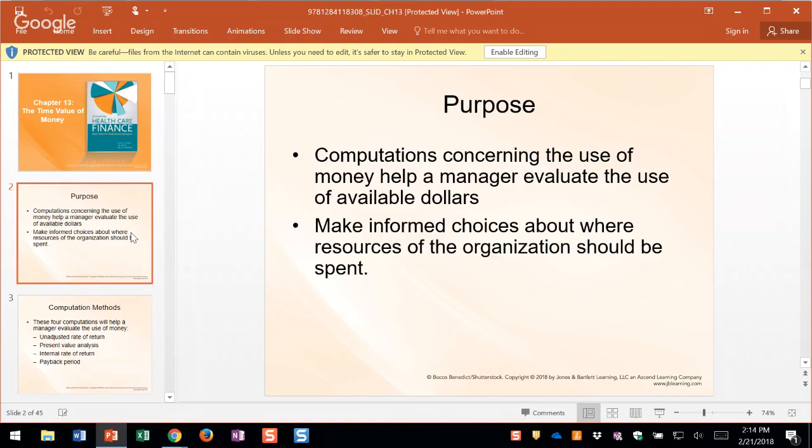Understanding the different types of calculations will help provide a guide to you in being able to determine how to allocate your money. It helps you to make very informed choices as to where you want to spend that money.